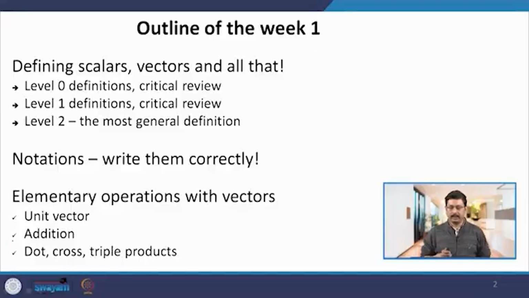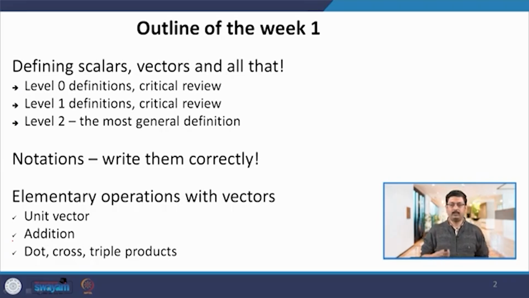In the first week we are going to start with a review of some basic concepts of scalars, vectors and tensors. So, here is the plan for week 1. First, we will review the basic definitions of scalars and vectors.